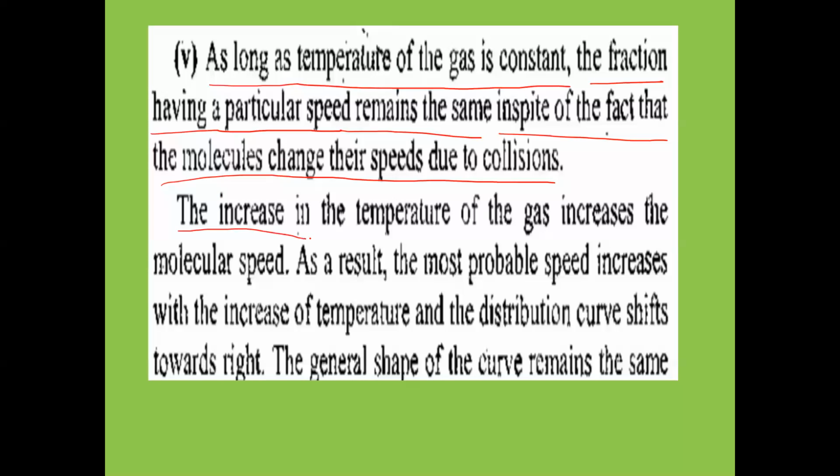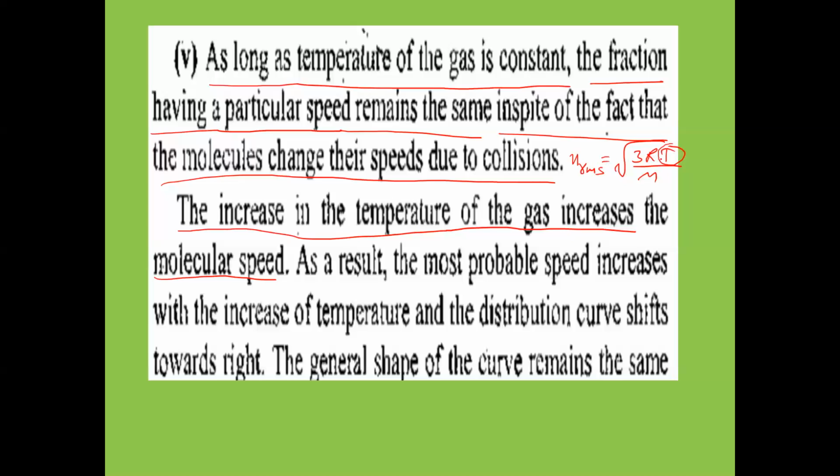Next, the increase in the temperature of the gas increases the molecular speed. So the molecular speed depends on what? Temperature. See, any velocity you take here, suppose you take the URMS formula: under root 3RT by M. So here RMS velocity and temperature, how are these two related?